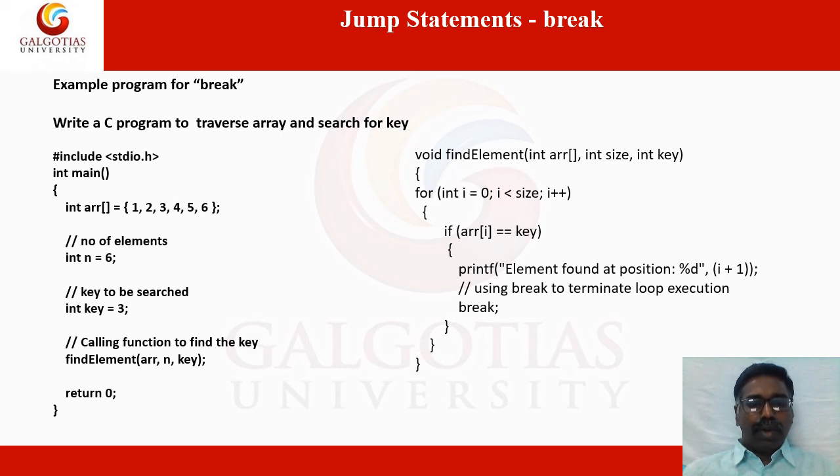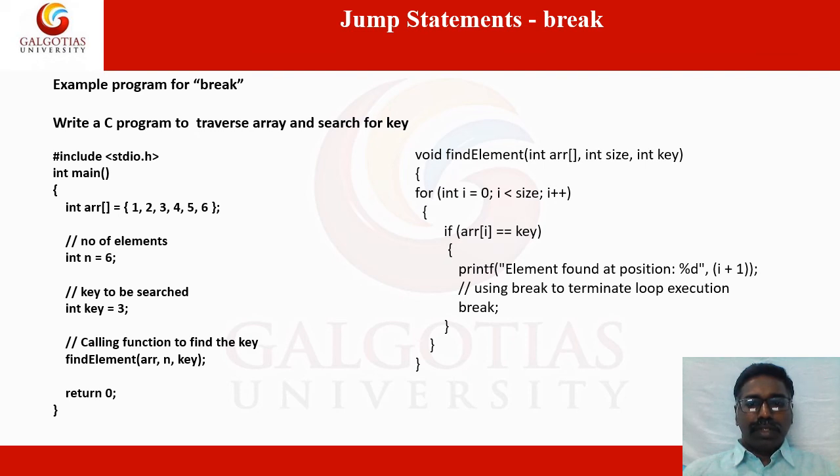Now I am going to call a function here. The name of that function is find element. We are going to pass 3 arguments. Any function can have any number of arguments. So we have 3 arguments here: array, comma, n value, and then the key value. Now go to the function, which is declared outside the main function.